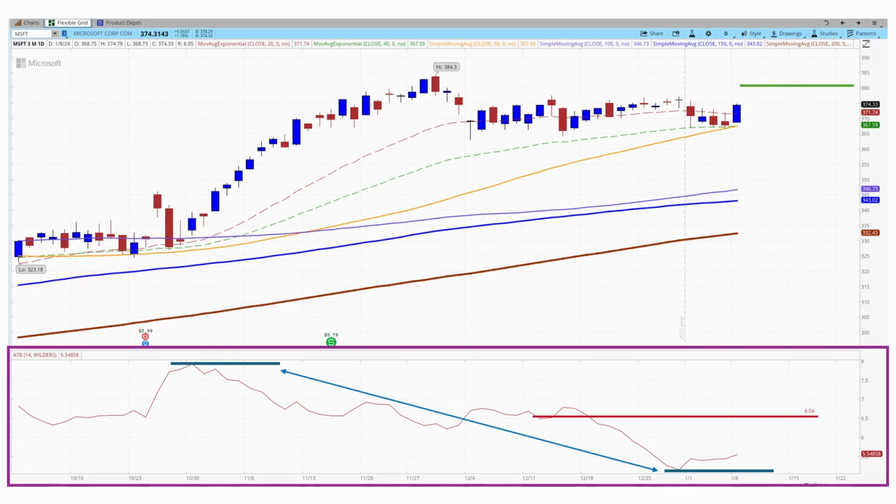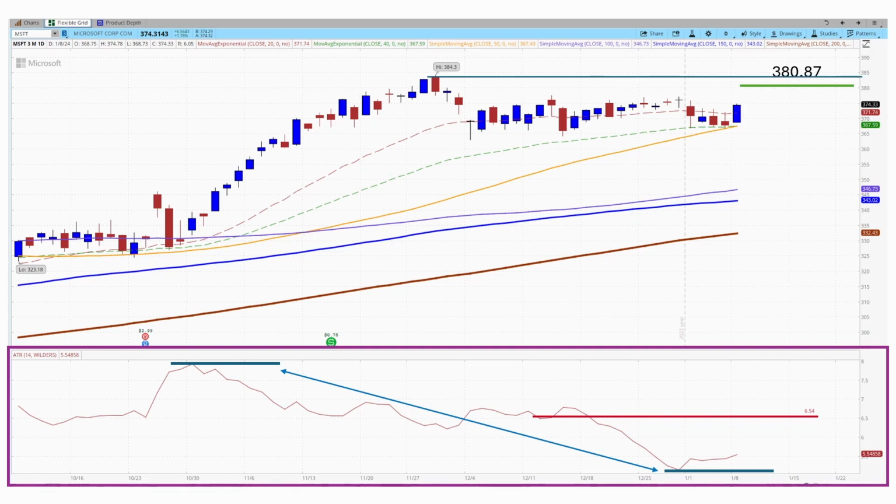But in this case, because the price is likely to move upward from the indications in this stock, we'll say that Microsoft will likely move in the next few days by $6.54, because that's by average how much it moves per day. So I know that in a few days, it's going to move by that quite certainly. Now, if we trace a line at that level, that would actually be at $380.87.